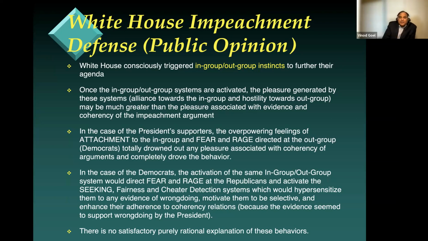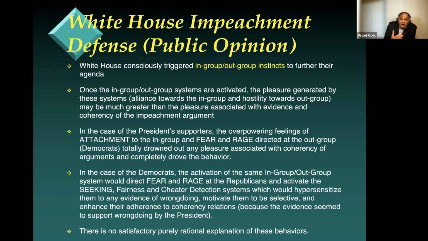In the case of the president's supporters, the overpowering feelings of attachment to the in-group and fear and rage directed at the out-group, the Democrats, totally drowned out any pleasure associated with coherency of arguments and completely drove the behavior. Of course, the same applies to Democrats.